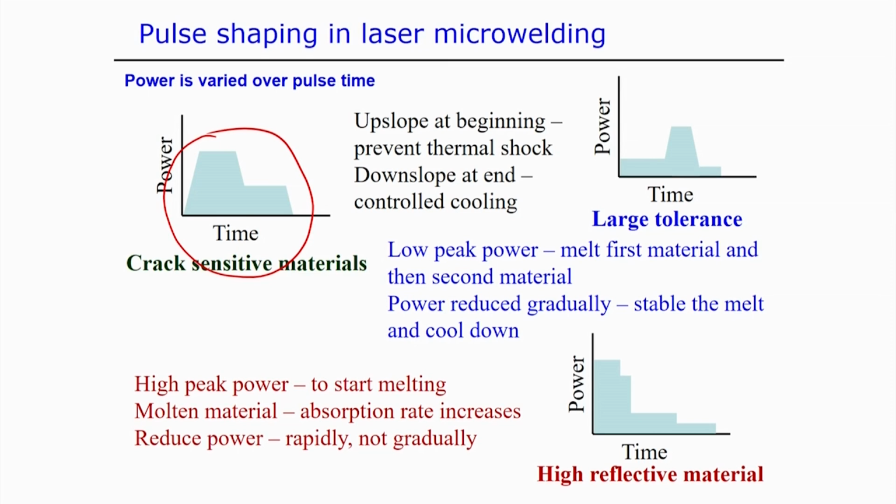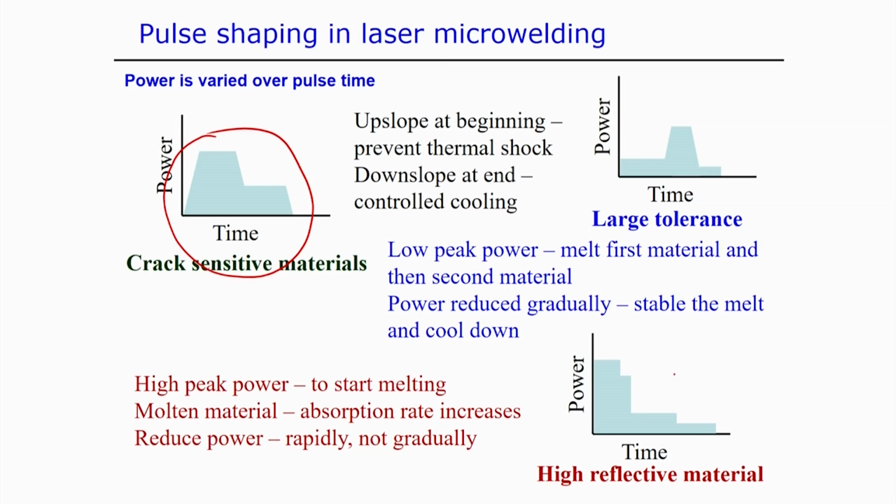Finally, there is a gradual decrement of the pulse. That actually helps to stabilize the molten material and cool the weld joint down to ambient temperature. This type of pulse shape basically helps when a large tolerance is required during the welding process.